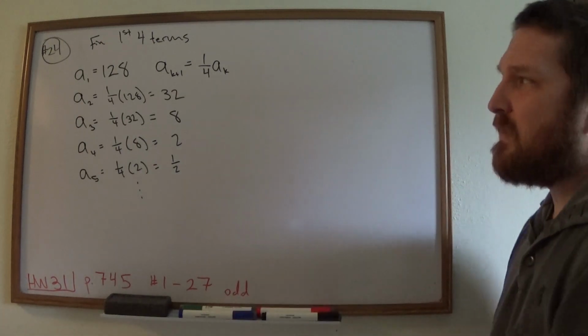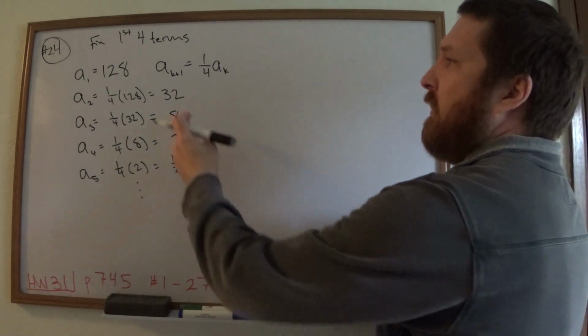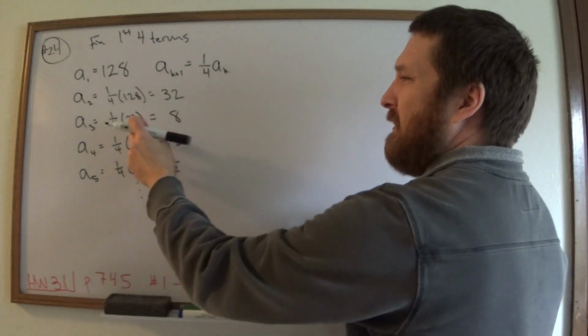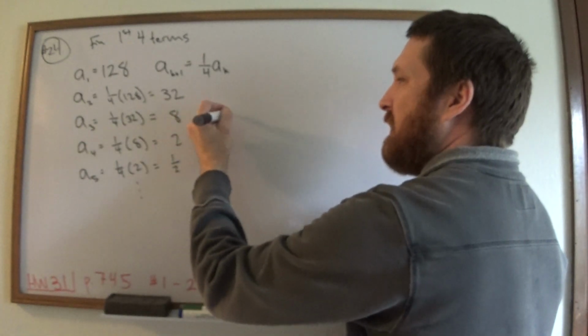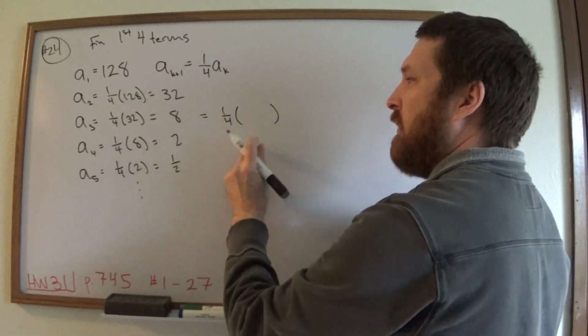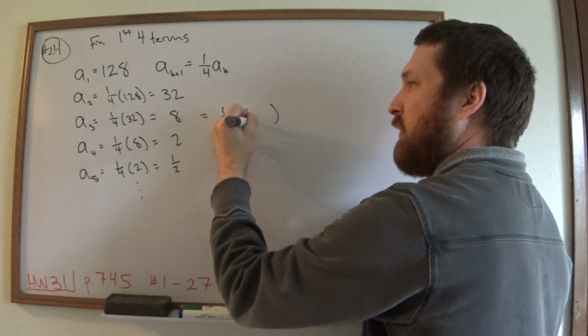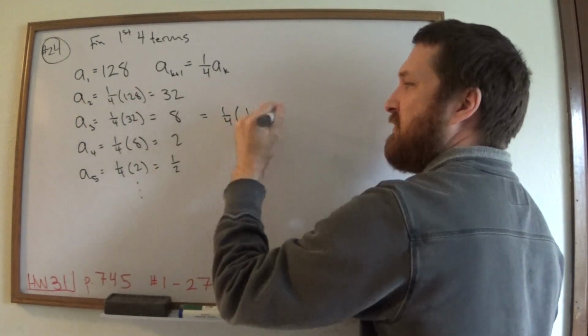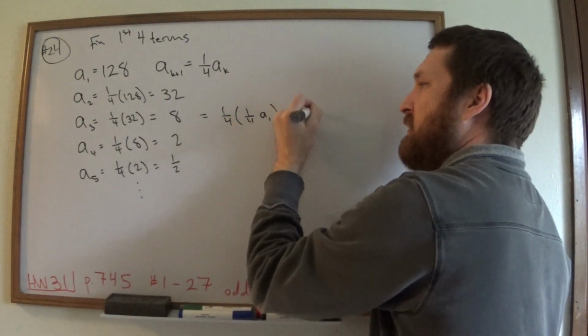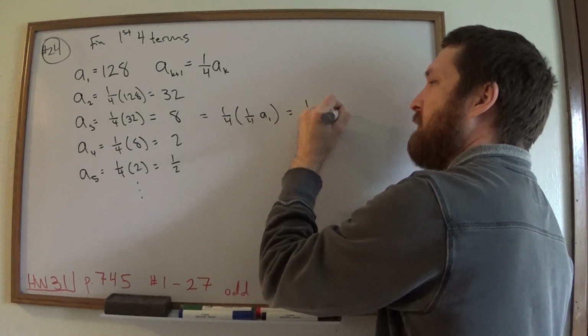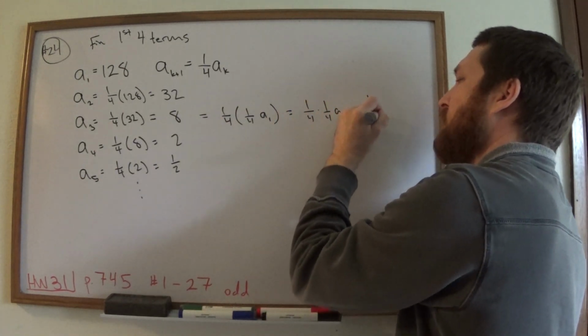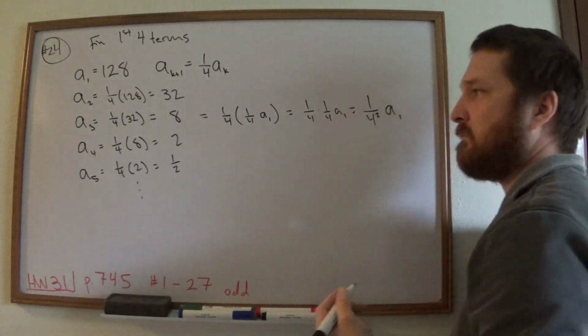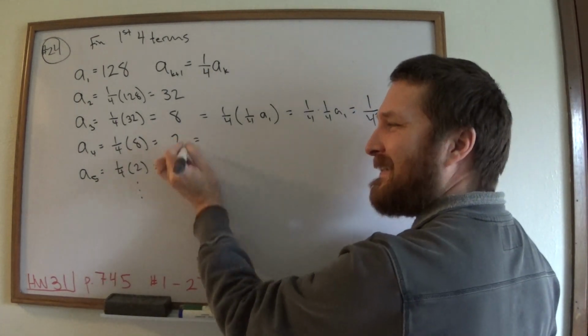And here's just something to notice. We got that by doing that, but how did we get this? Well, this is the same thing as 1/4 times the previous one. But what was the previous one? It was 1/4 times the first thing, which was A1. So that's 1/4 times 1/4 times A1, which is 1/4 squared times A1, because you could write it differently. And how did we get this one?